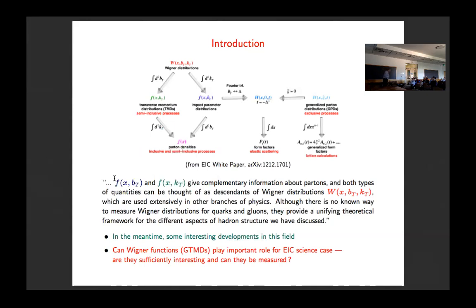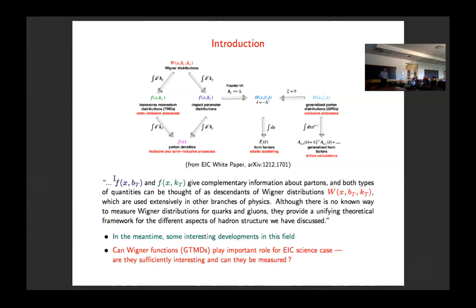So in this graphic already highlighted is another type of function, Wigner functions, 5-dimensional objects depending on the longitudinal momentum, transverse momentum, and the transverse position. While this is highlighted in the graphic, not much text was spent on these objects. This is basically all that you find in the document.